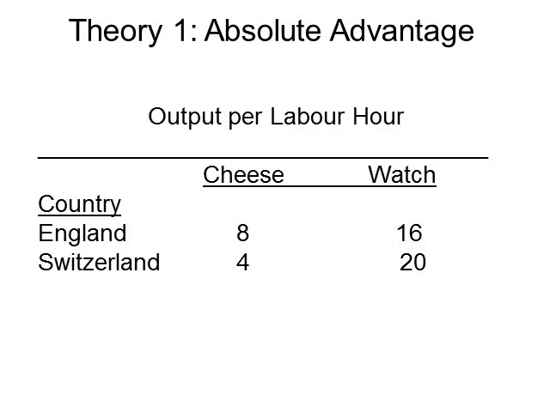All right. Now, it's not difficult to tell that each of these countries can produce more of one good given the same labor hour, right? So looking at this example, the Englishman can produce more cheese per labor hour than the Swiss. The Englishman can produce 8 units of cheese, and the Swiss can only produce 4 units of cheese per labor hour.